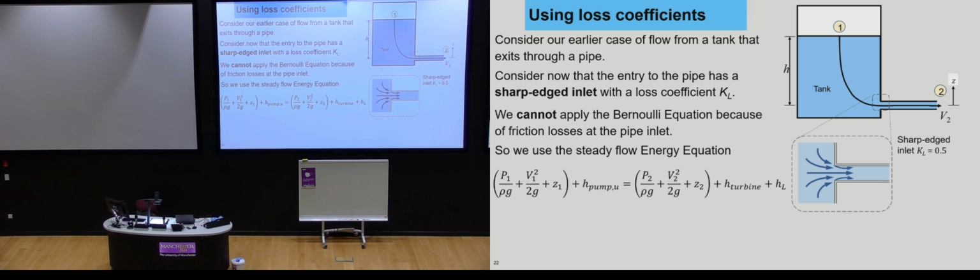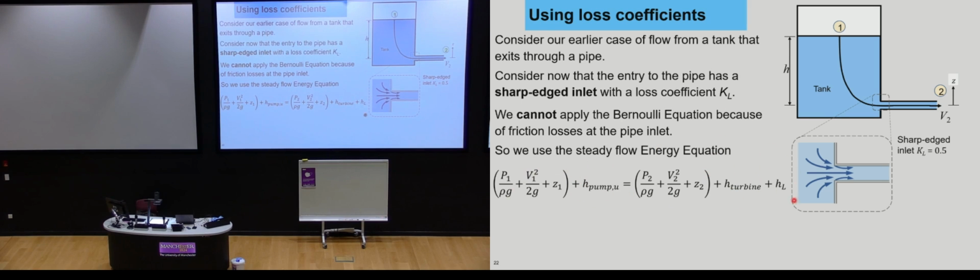This is how we will include it in the steady flow energy equation. Here's our steady flow energy equation with all the terms. Here's P1 over rho g plus V1 squared over 2g plus Z1 on the left. We've got the same on the right. Here's the pump, the useful pump head. Here's the turbine head.